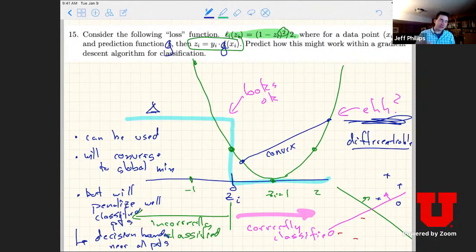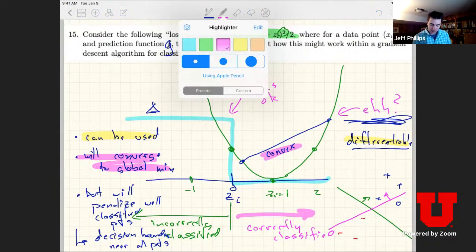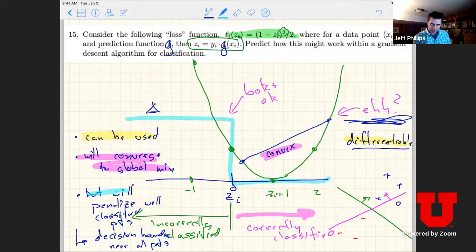Whether or not you get this very last part, the lesson here is if you have a question about a loss function, draw a picture that looks like this, and then talk through these 3 points. Is it differentiable? Will it converge to a global minimum? That has to do with the convexity. And will it penalize points in the right way?